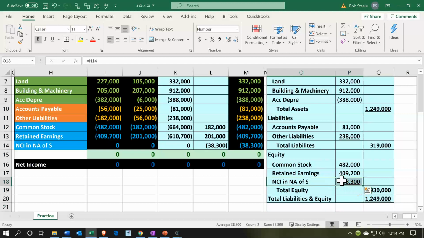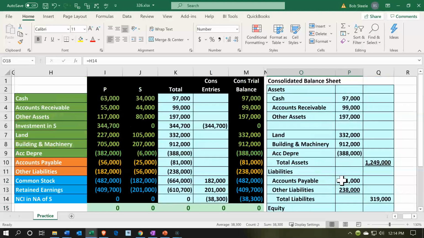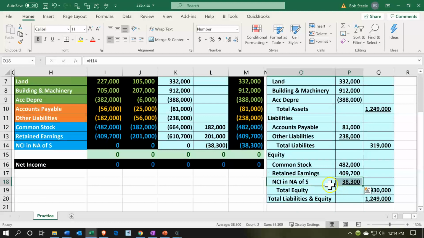So you can see we consolidated the entire thing, and that kind of makes sense because P has control over the entire thing, even though this non-controlling interest has claim to 10%, the 38,300 of the net assets.